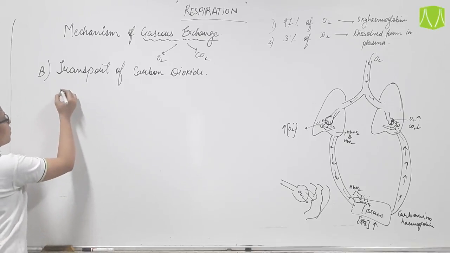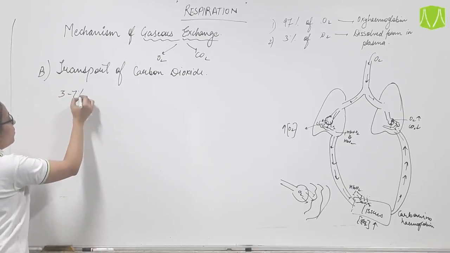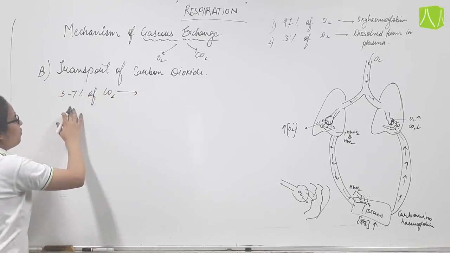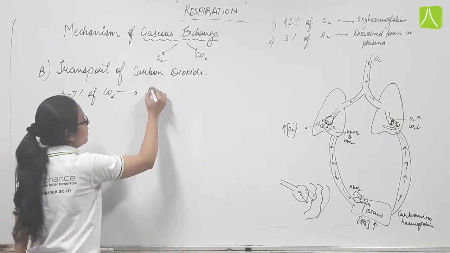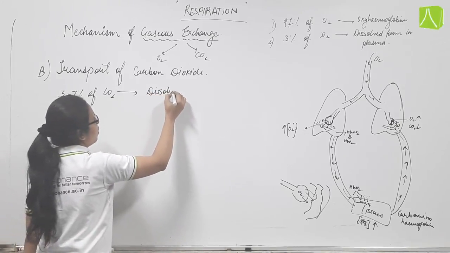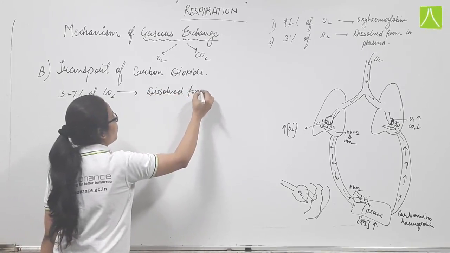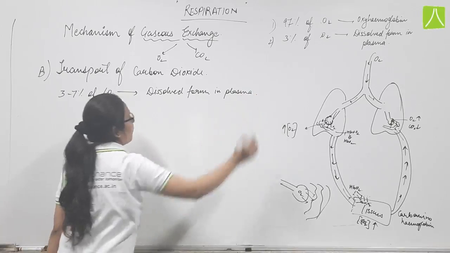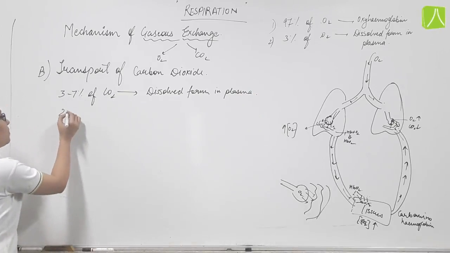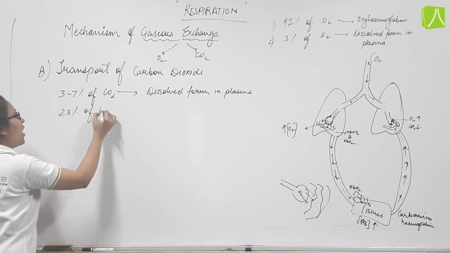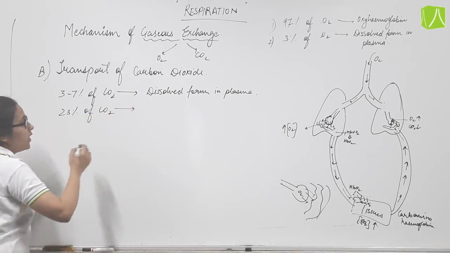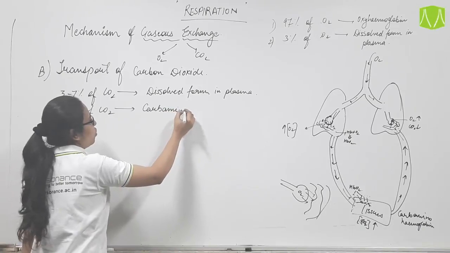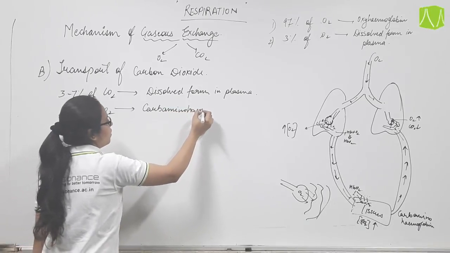Similarly, 3 to 7% of CO2 travels in the dissolved form in plasma, and 23% of carbon dioxide travels in the form of carbaminohemoglobin.